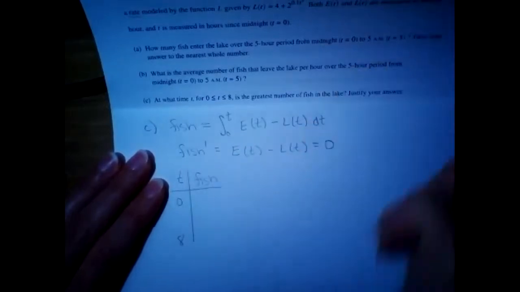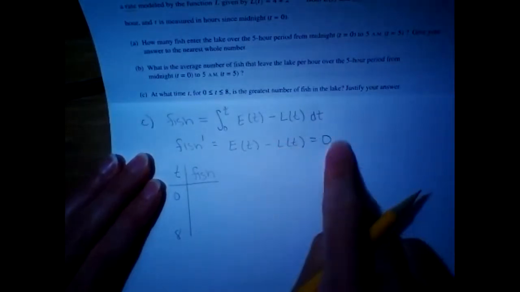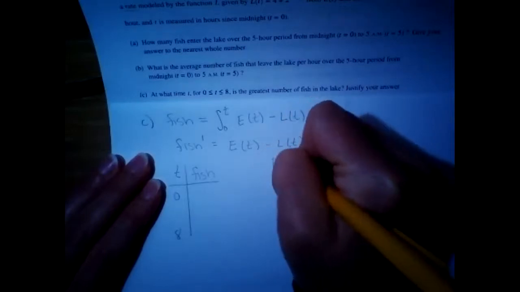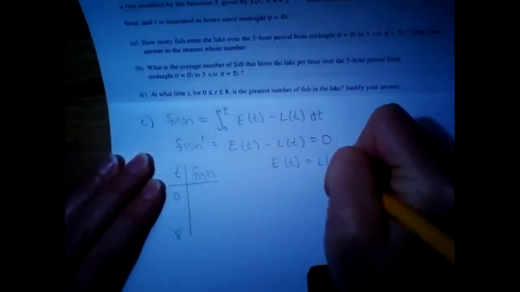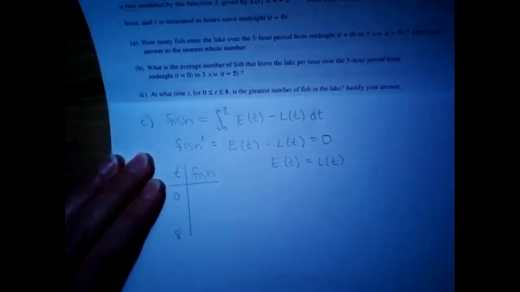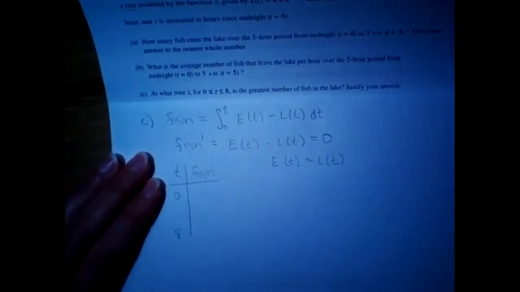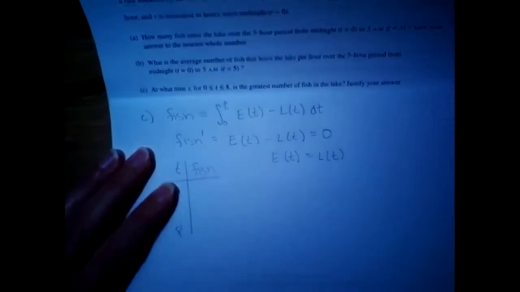We're going to set that equal to 0 to get our critical points. And so we're going to add L of t, and you're setting these rates equal, which makes sense. Wherever the entering rate equals the leaving rate, those two functions are going to intersect. And that's really what we're going to do here in the calculator.